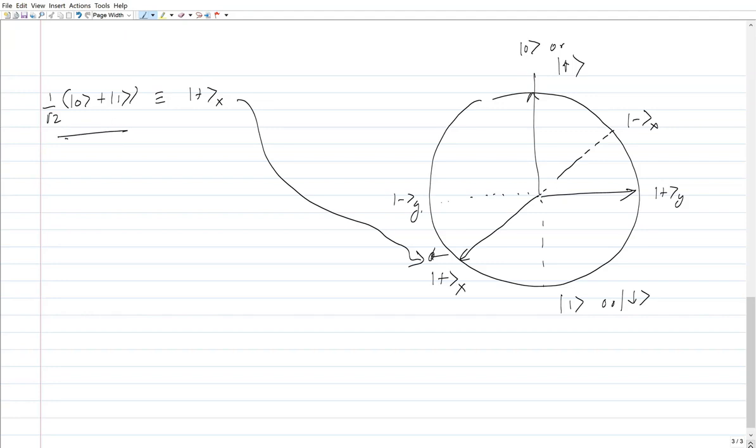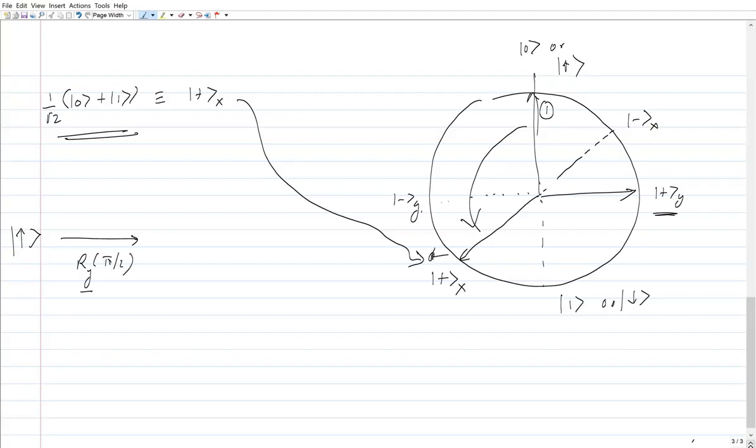And how would I get this state? Well, I'll get this state with some sort of a rotation of my initial state. I rotate it about the y-axis, a pi by 2 pulse. So I have this initial state. This is state 1. A pi by 2 rotation about the y-axis.